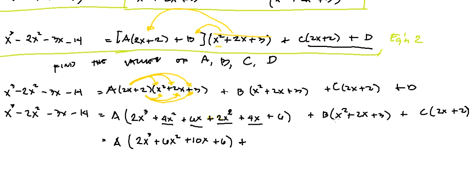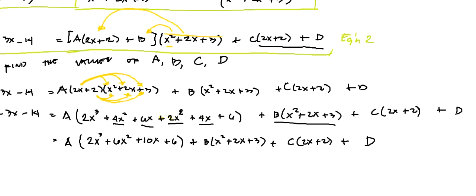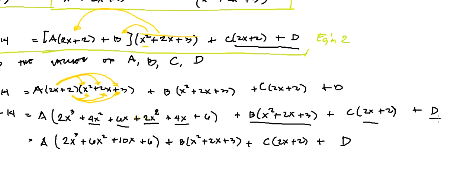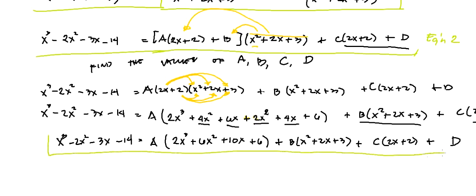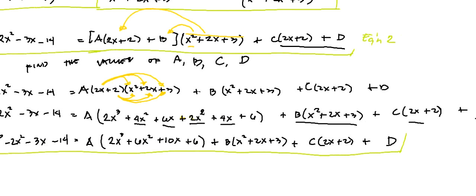Okay, and then plus this term B times x squared plus 2x plus 3, then plus C times 2x plus 2 plus D. Yes, D. Okay, we have x cubed minus 2x squared minus 3x minus 14, right? Okay, so let's box this expanded form.